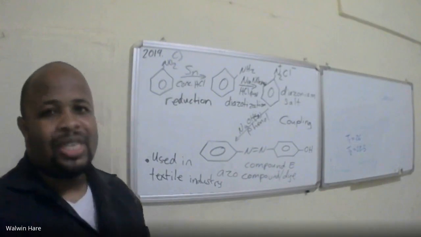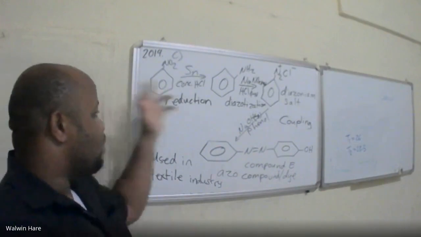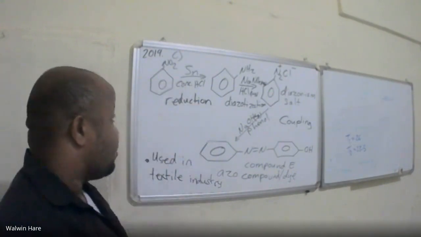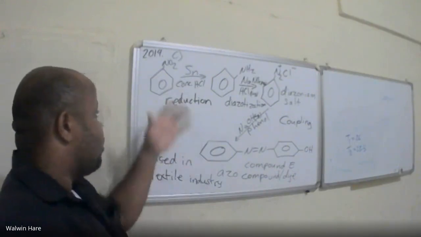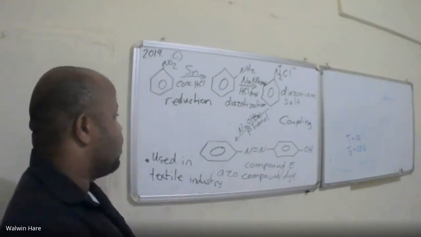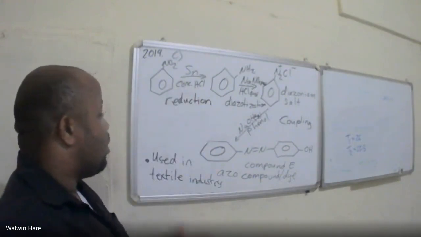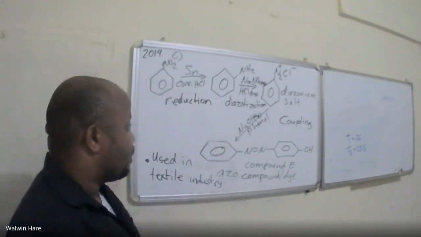Even if 2016 and 17 have it, it will look similar to something like this because the questions don't really change much. Just remember your reagents. It's very important that you know them. As you can see, they're always asking you for the reagents and the products.